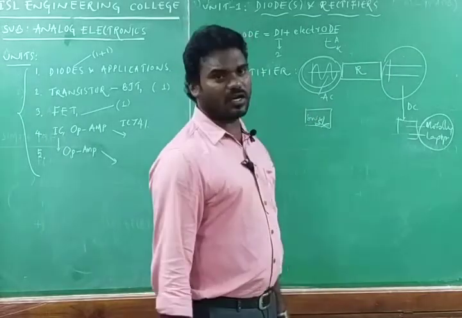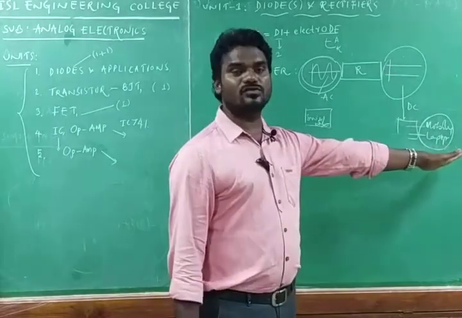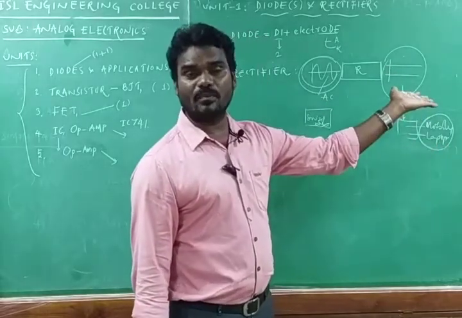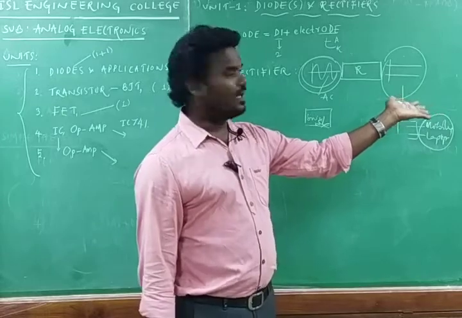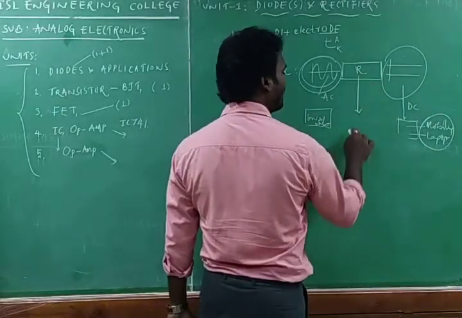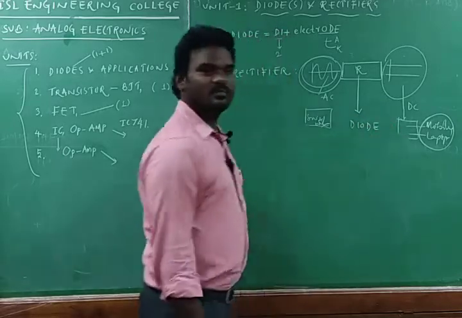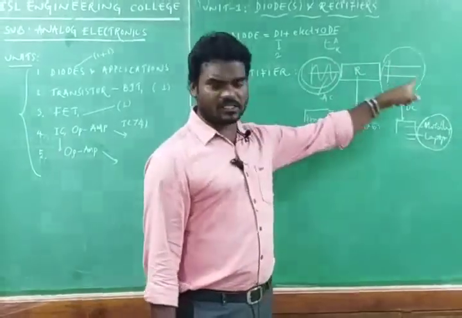A rectifier is an electronic circuit which converts AC to DC, so that the DC can be used to bias electronic components or devices. The main component in this rectifier is the diode. The diode is what converts AC to DC.